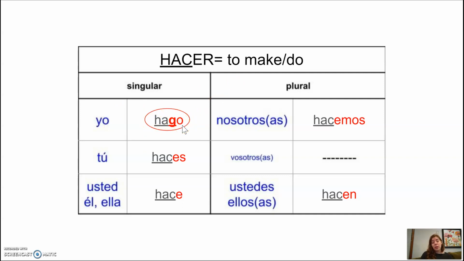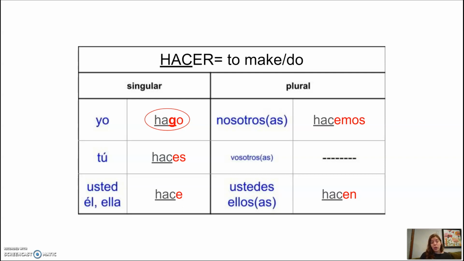If we were to add the O on to the C, it would say hako, and that wouldn't make sense with the sound of the verb. So it makes sense here somewhat to change it to another type of verb, to the go verb. So yo hago means I make or I do.